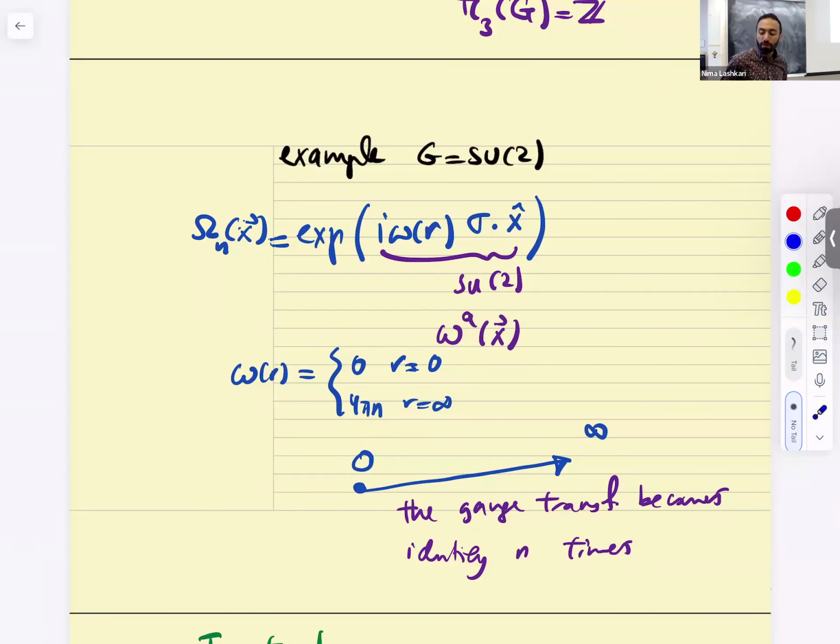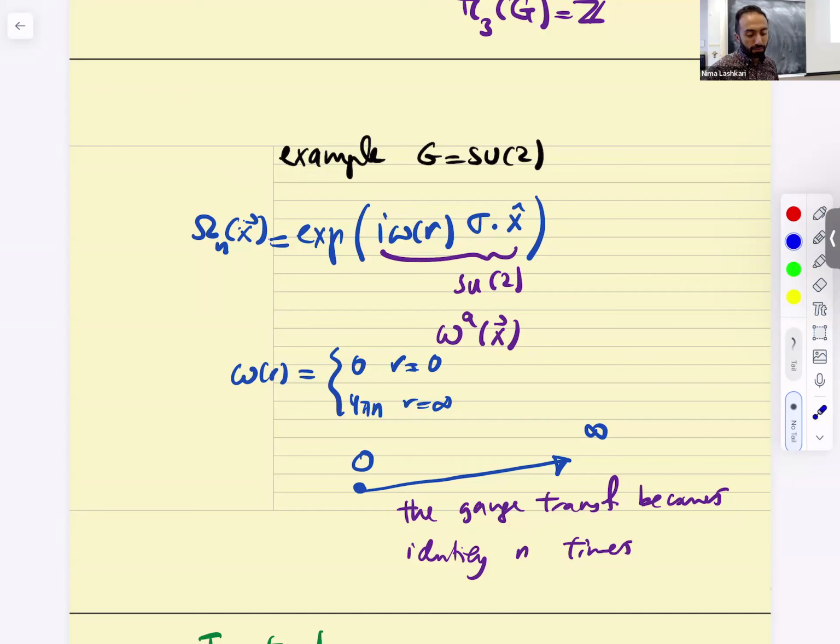One example to keep in mind is the gauge group being SU2. A gauge transformation that's topologically non-trivial here is e to the power of i omega(r) sigma dot x, where the sigma are the generators of SU2, so it's a Lie algebra valued gauge field.